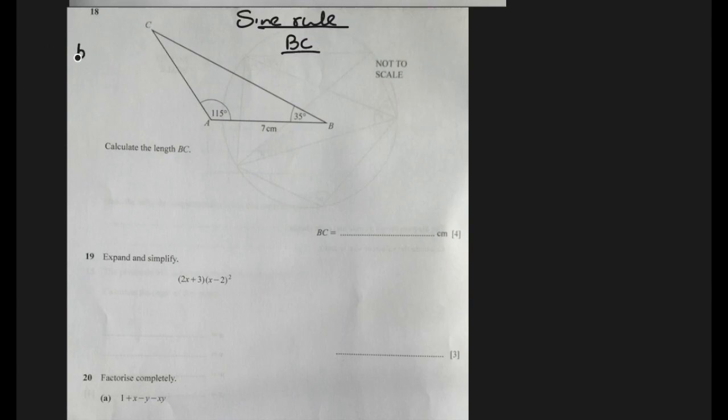If you have heard this, it is, a over sine A equal to b over sine B equal to c over sine C. And this is what I'm doing here, a version of this. The side BC we want to know, write sine of the angle opposite to BC, which is 115.